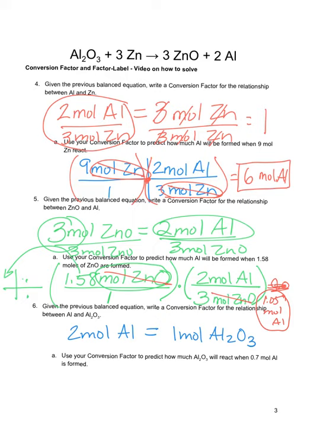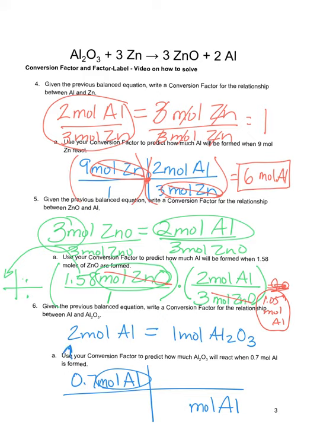How much Al2O3 will be formed when 0.7 moles of aluminum is formed? So I start here at 0.7 moles of aluminum. I do my train tracks here. What has to go on the bottom to cancel with moles of aluminum? What number goes with moles of aluminum? That 2 goes down there. Then the top is over here.